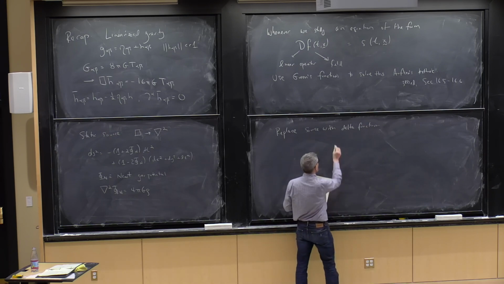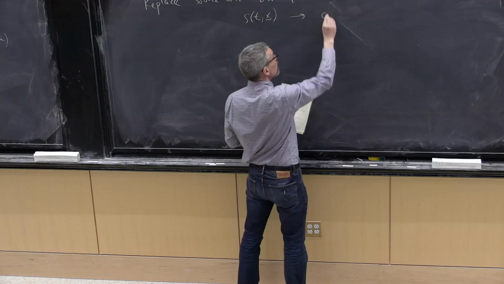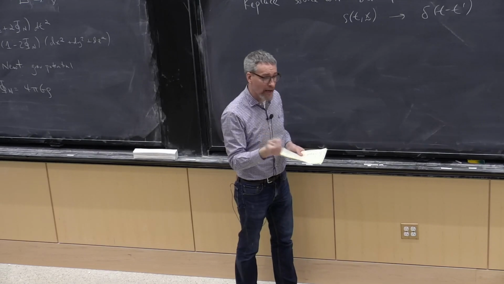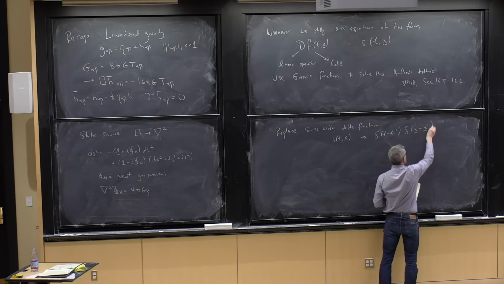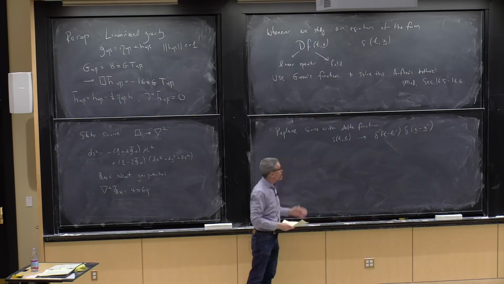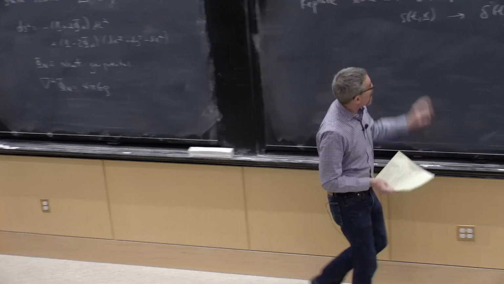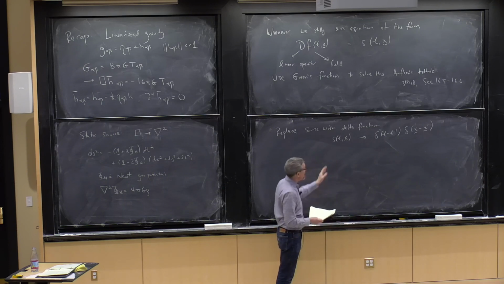So imagine that I take S of t and x over to a delta at some time t prime, and a three-dimensional delta at some location x prime. What I'm basically saying is I might have some source that's extended in time and extended in space, and I'm just going to look at the little blip at one particular event and see, if I replace my source with this one single blip, what field emerges from that?